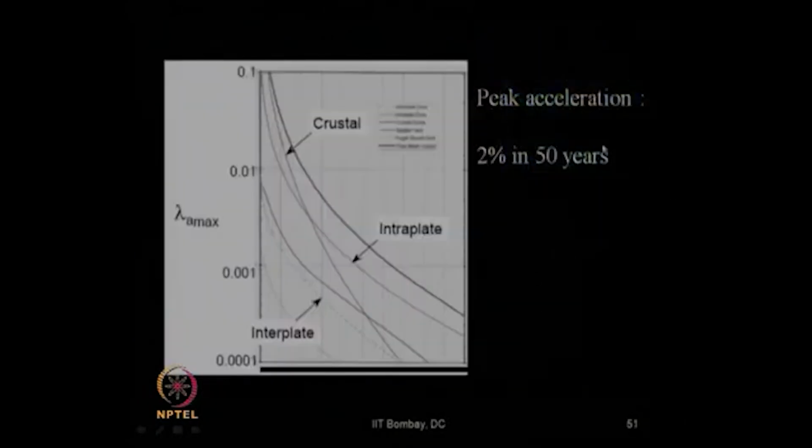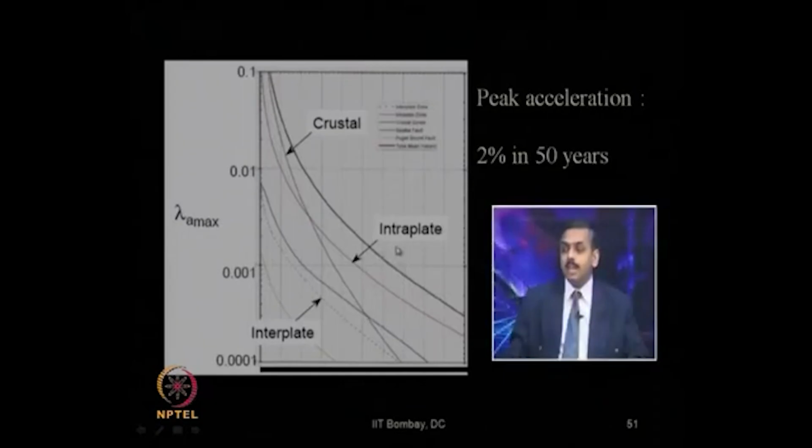Now, for peak acceleration, one example is shown over here, say 2% in 50 years for different sources. Like if it is an interplate event, say this is the curve. If it is an intraplate event, say this is the curve. If it is a crustal event, this is the curve. Like that, for different sources you can identify different curves. And you can always say, for a particular region, which curve is more predominant depending on the crisscrossing nature of them, which one gives the higher design value of that A max or SA, right.